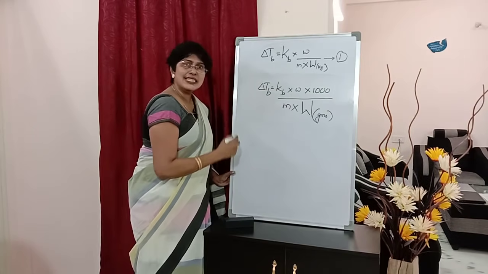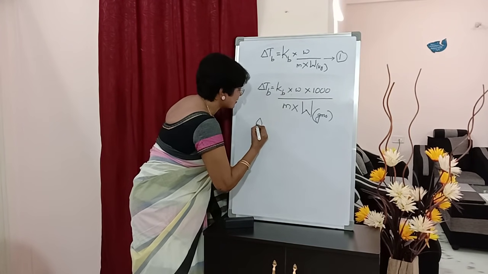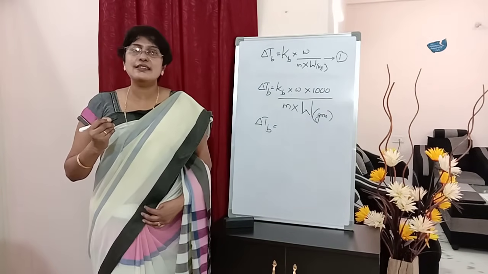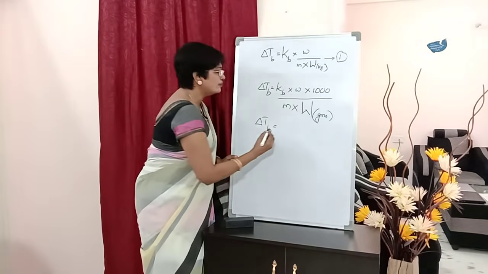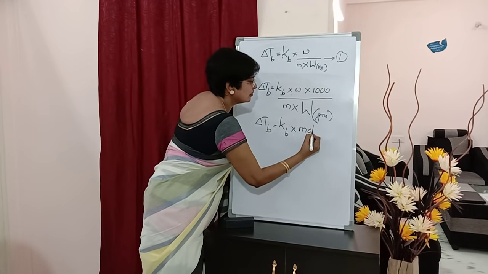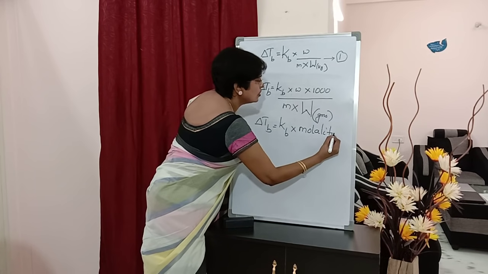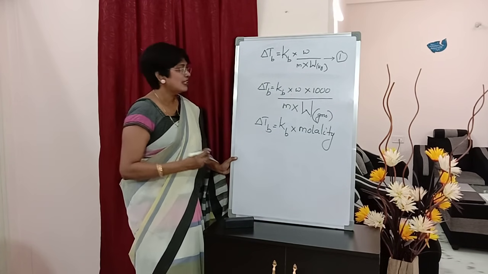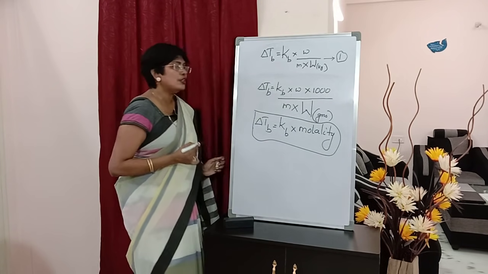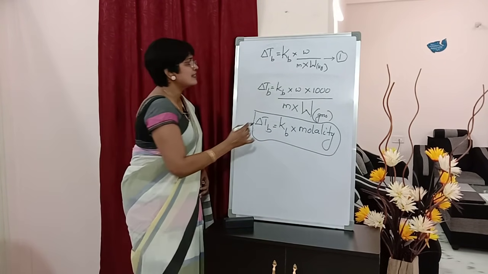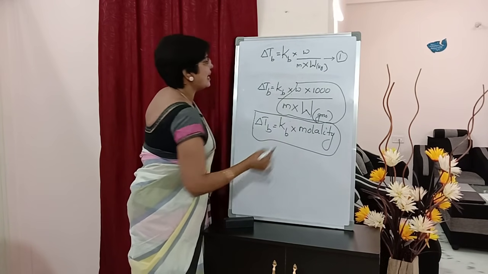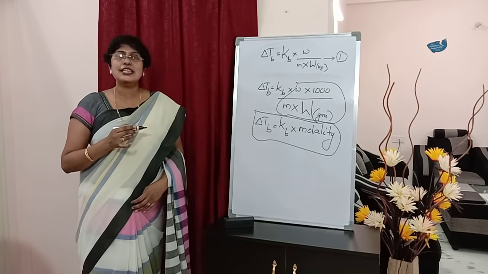Okay, now this can be simplified as delta Tb is equal to Kb into molality. Okay, so put it in a box. Kb into molality. Why, students? Because this portion we call it as molality. What is molality?